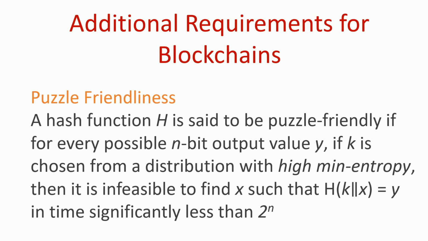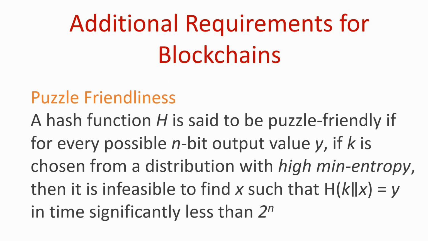Let's read it one more time. A hash function h is said to be puzzle friendly if for every possible n-bit output value y, if k is chosen from a distribution with high minimum entropy, then it is infeasible to find x such that h of k concatenated with x is equal to y in time significantly less than 2 power n.